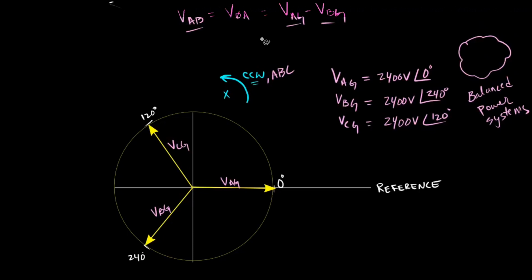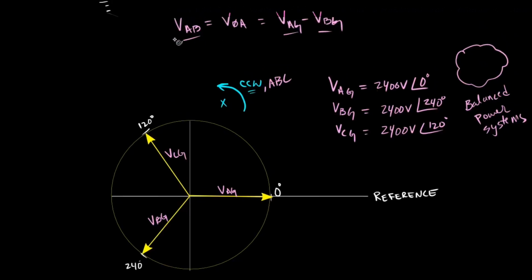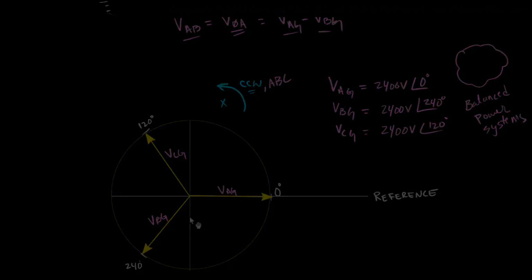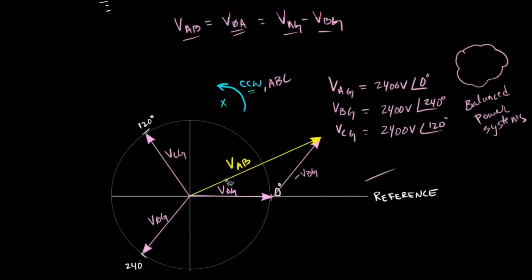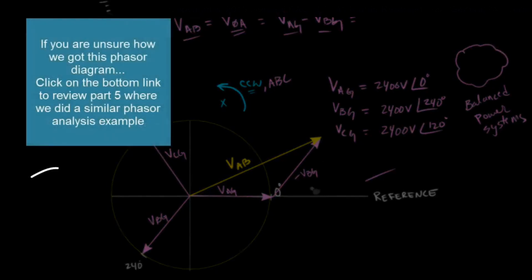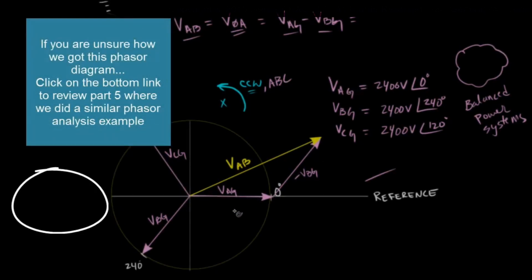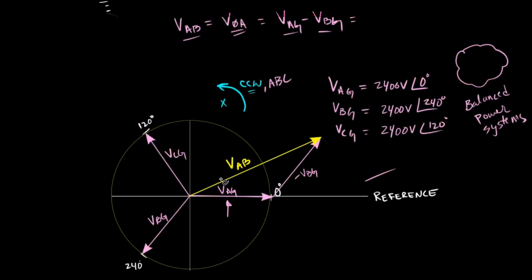Now, we said in our equation that the line-to-line voltage across line A and line B, which essentially equals the voltage across our phase A winding for our delta connection, is equal to VAG minus VBG. So here is VAG right here. We're going to perform the head-to-tail method and subtract VAG minus VBG. Now that we have this visual representation, if we were to relate VAG to VAB, what would we have to do?